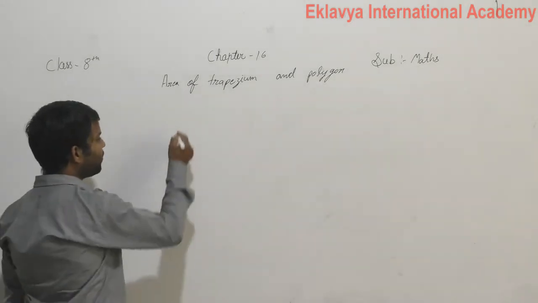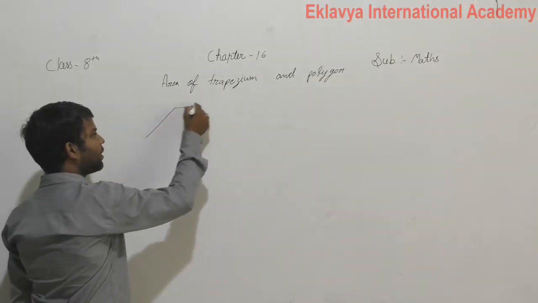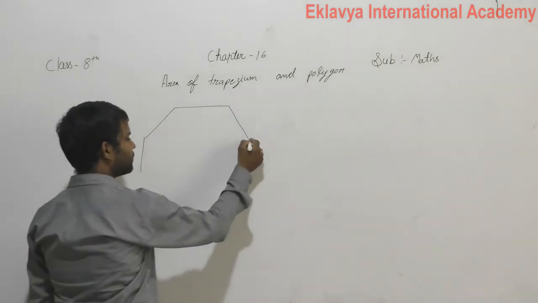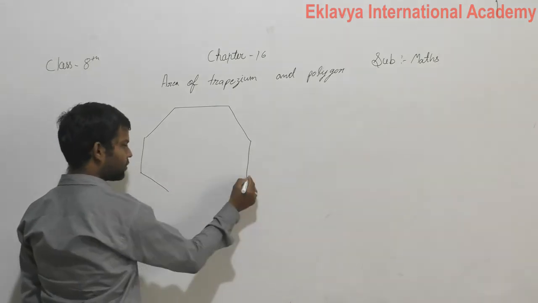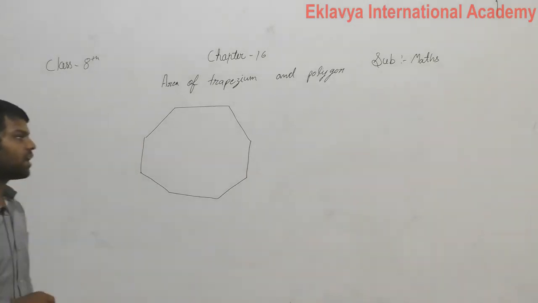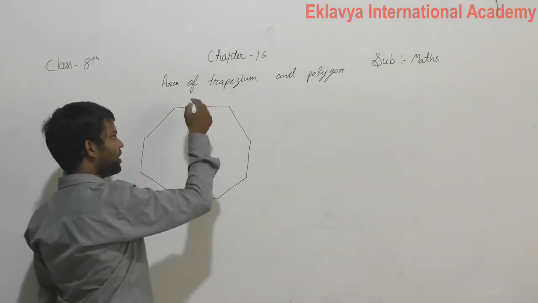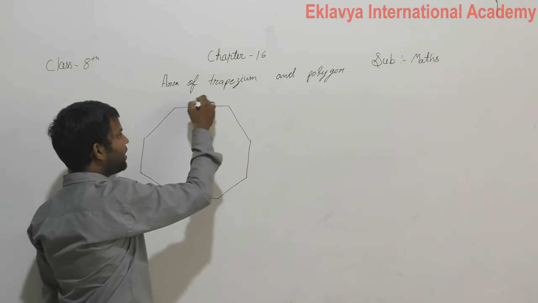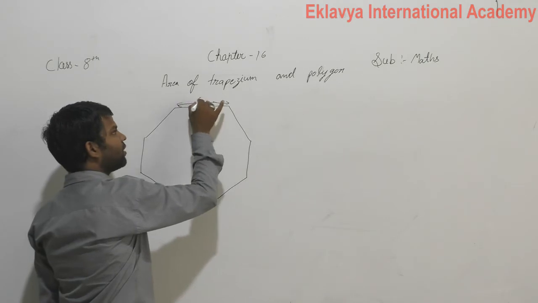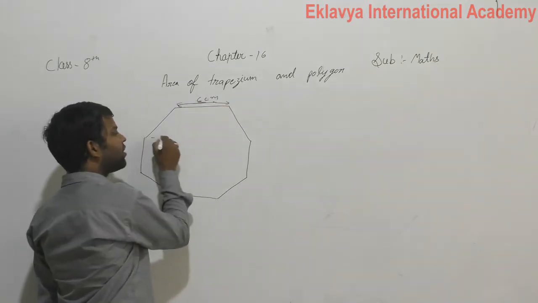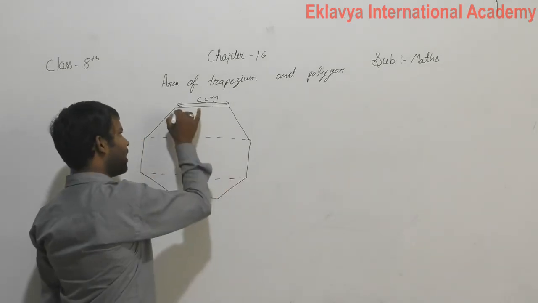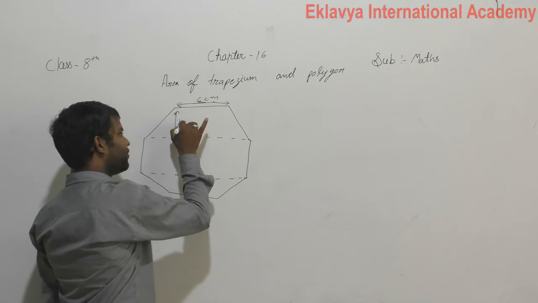Like if we have a hexagon, in the hexagon all sides are equal, and we will see the side of the hexagon is 6 centimeter, and given that it will be divided into two parts, then height of one part is 4.